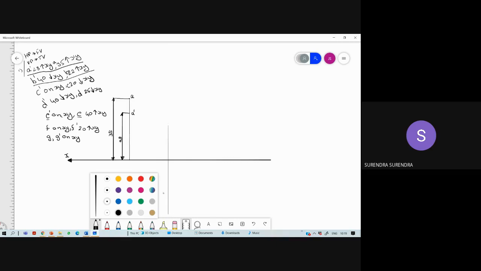So what is the point? B dash is 40 mm below the XY line. So this is point B dash. And B is 22 mm above the XY line. This is point B.